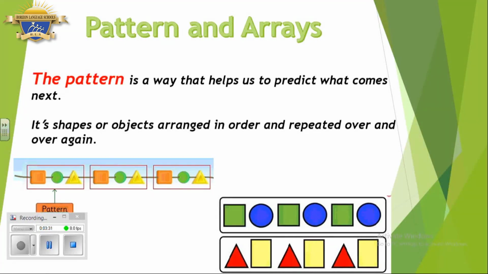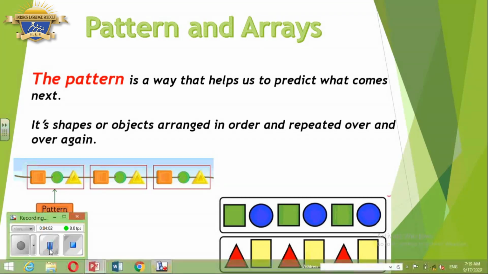Can you tell me what comes after the blue circle? Yes, it's the green square, based on what I can see in the picture. And we said that rules describe what's happening in the pattern and tell us what to do to continue the pattern. So the rule for this pattern is green square, blue circle.